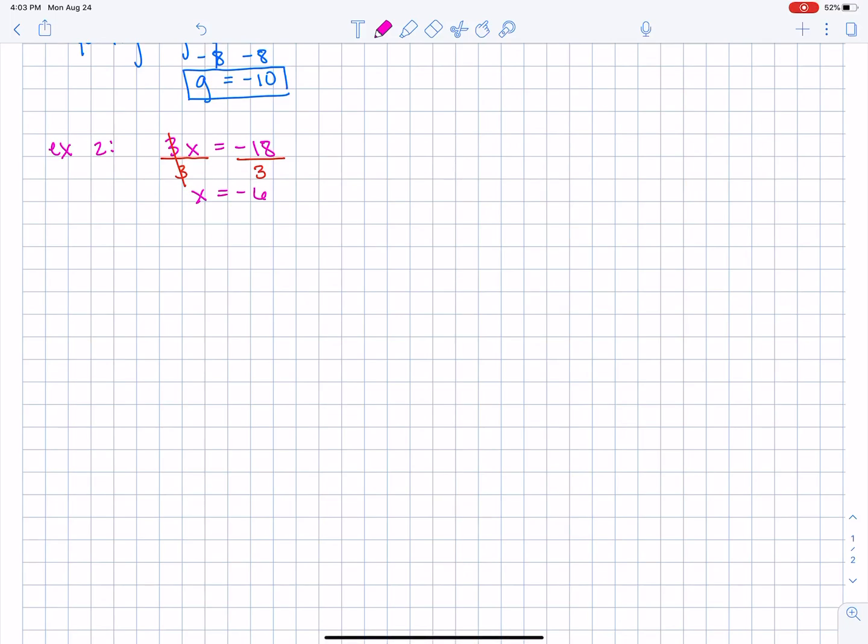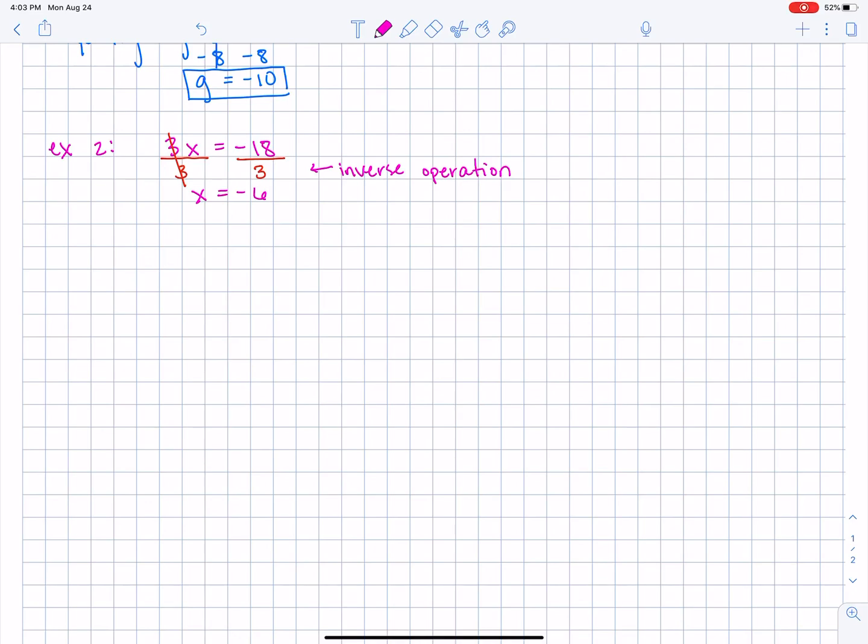And again, just to point out some things, this is the inverse operation. It's the inverse operation for this one because multiplication is undone by division, right? Division is undone by multiplication. So they go hand in hand.